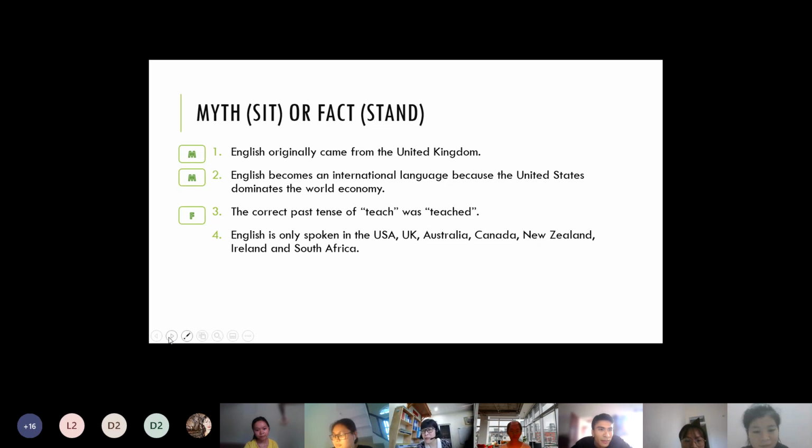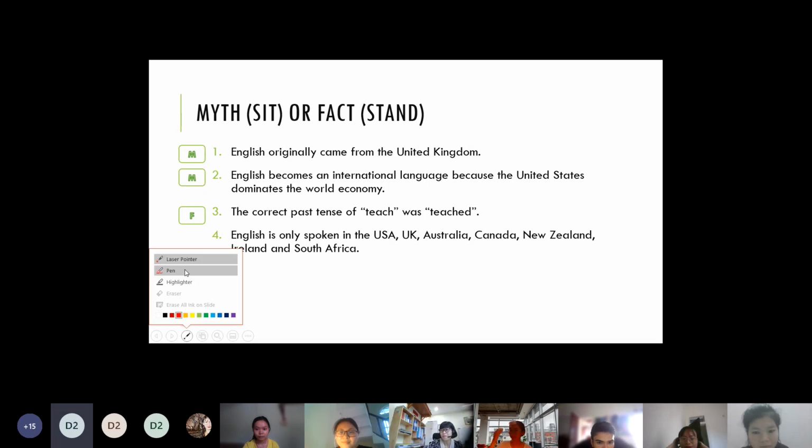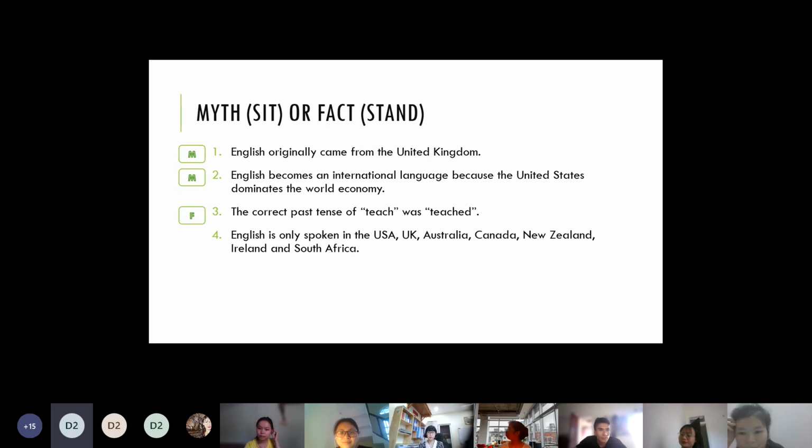Why? Dung, what do you think about statement number 4? I think statement number 4 is not correct. English is not spoken in the countries.